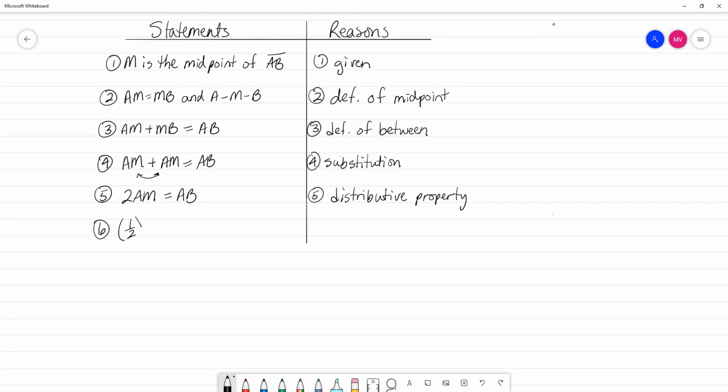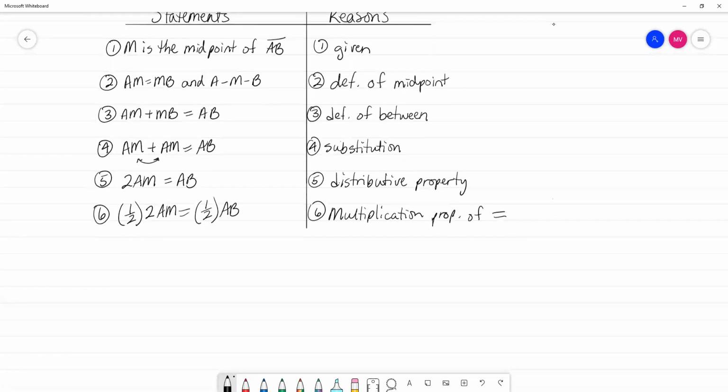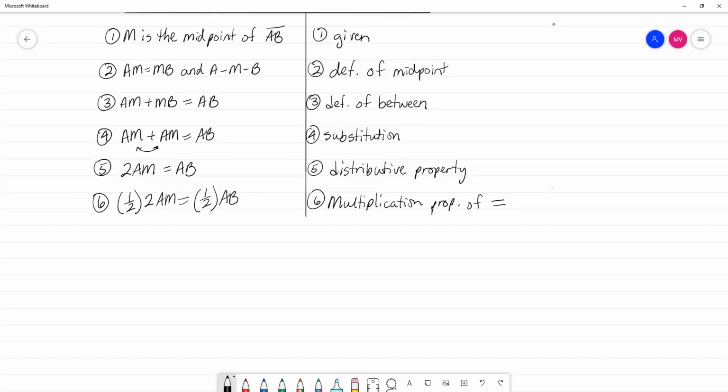So 1/2, which is the reciprocal of 2, times 2 AM is equal to 1/2 times AB. That is the multiplication property of equality. And that's going to give us our final equation, because these cancel each other out, that AM is equal to 1/2 AB.